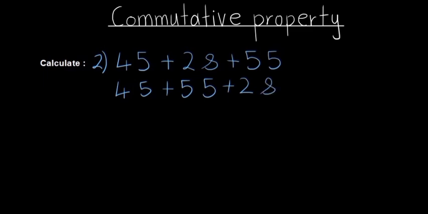Now we're gonna try and find a group that can add to 100. So that group is the group on the left. So 45 plus 55 is 100.